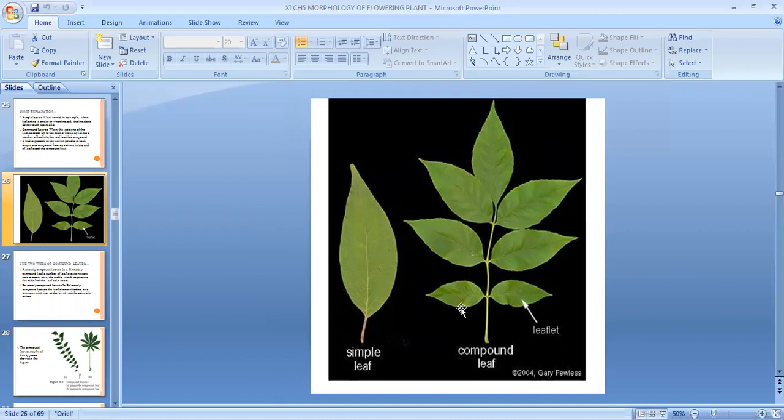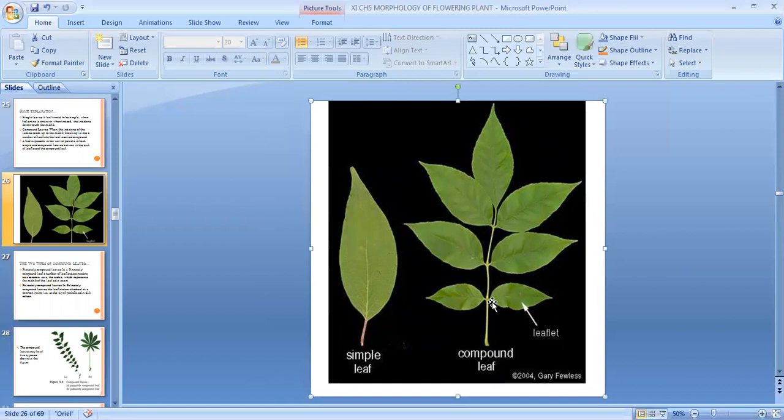Whereas in a compound leaf, the incision reaches up to the midrib such that these are known as leaflets. And this midrib is known as rachis.